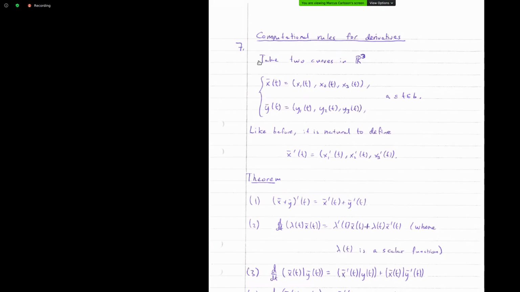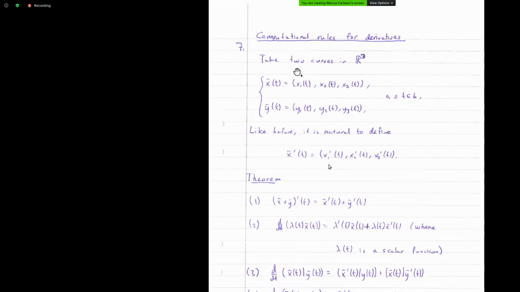Conveyor belt, yeah. All right, so this is a conveyor belt section of the class. Once we introduce something new, we also have to introduce the computational rules that go along with it. Here it's very direct.